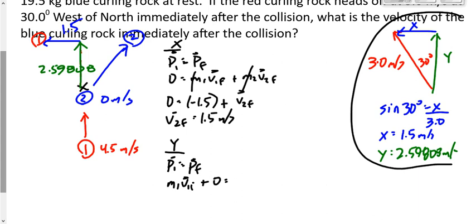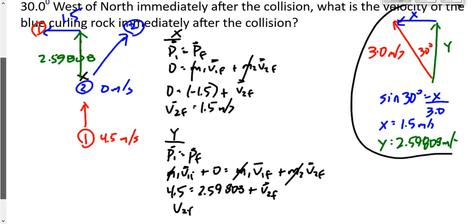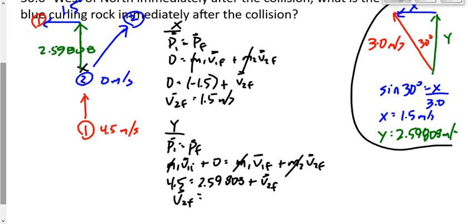M1 V1I plus 0, because the second object is at rest, equals M1 V1F plus M2 V2F. V1I is 4.5. V1F is 2.59808. Take the 2.5 over by subtracting, we get, and now, man, this is the easy part now.